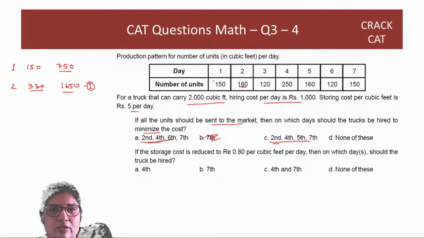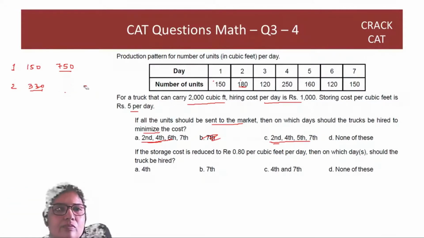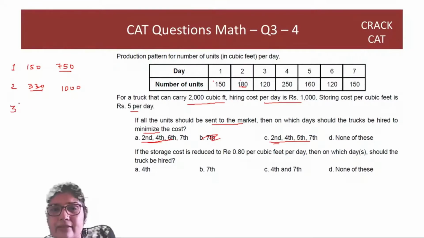This was the first day's cost. Second day's cost, actual cost, is 1000 rupees. So because the hiring cost is more, we'll just pay 1000 rupees. On third day, now there's nothing to store. You have only 120 units, so you'll have a cost of 600.